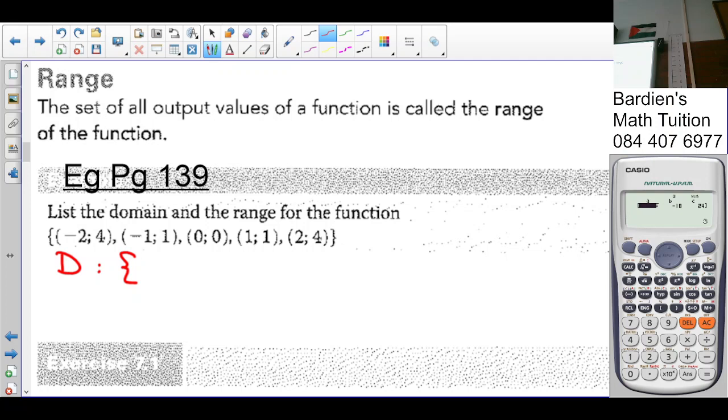So what are the x values here? -2, -1, 0, 1, and 2. Not so? So what's my range of this one? The range is 4, 1, and 0. I'm not going to write 1 again, I'm not going to write 4. You all okay with that?